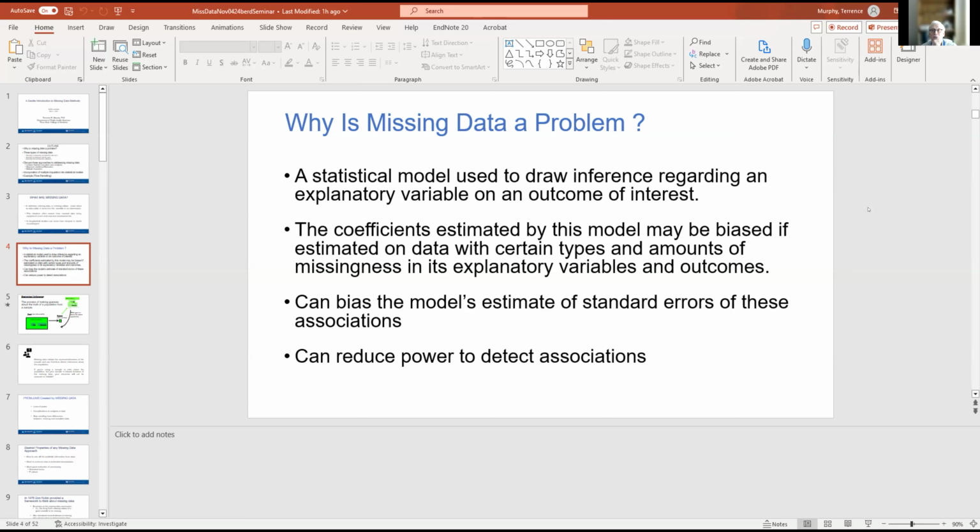So we have to think about both what's the nature of the missingness as well as how much of it is there. The missingness can potentially bias the model's estimate, the point estimate, as well as the standard errors. And it's easy to see how losing data can reduce your power to detect associations.